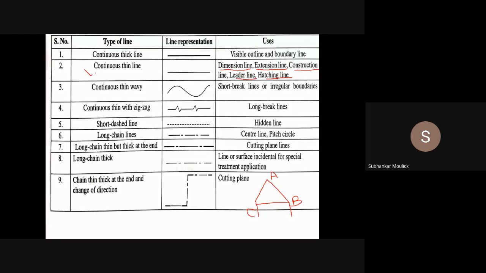For that, you have to use continuous thin line. In between, you have to draw a dimension line, which is exactly parallel to line BC. And then you have to give an arrowhead on both the ends. Now this particular line is known as dimension line, for which you have to use continuous thin line. Is it clear?